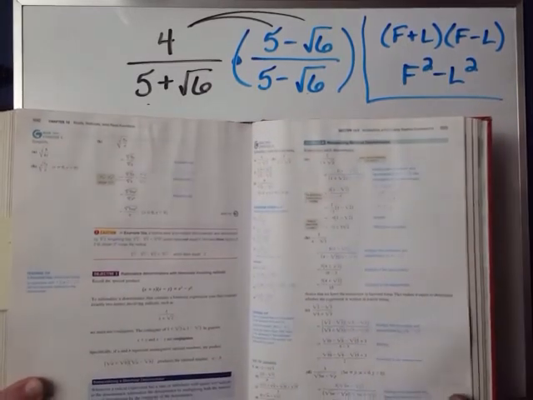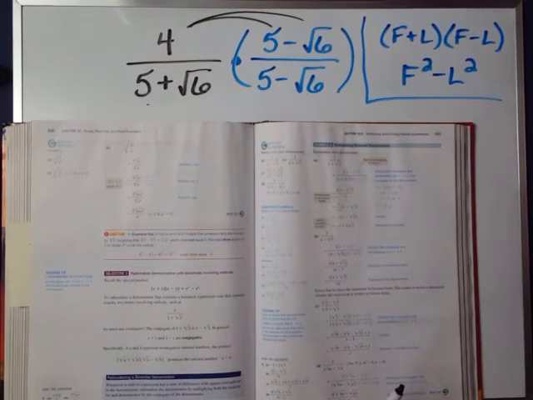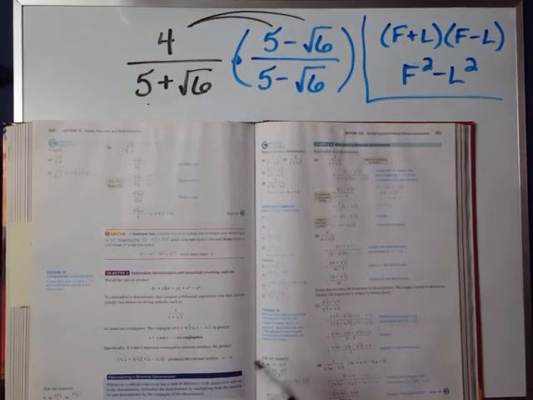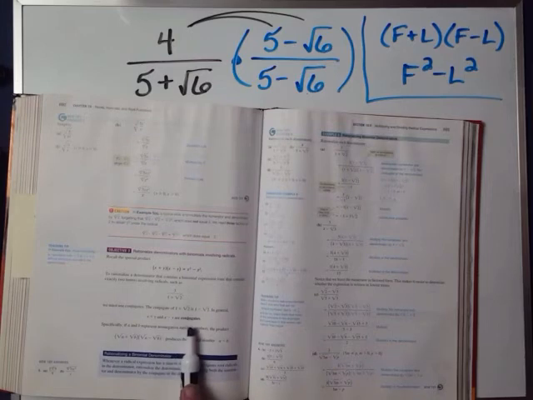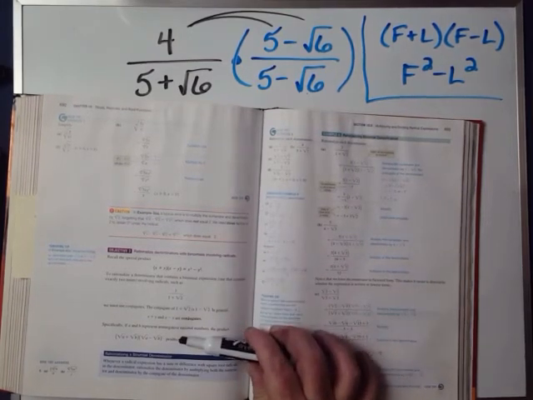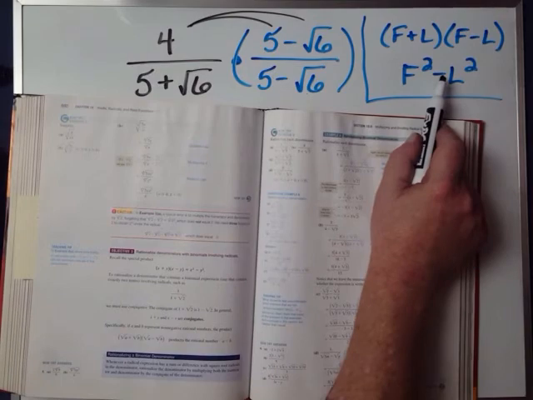That's a definition given to us here on page 692, toward the bottom, about 3 lines above that blue box at the bottom. It says x plus y and x minus y are conjugates. And it explains here again why we use a conjugate to rationalize a two-term denominator.